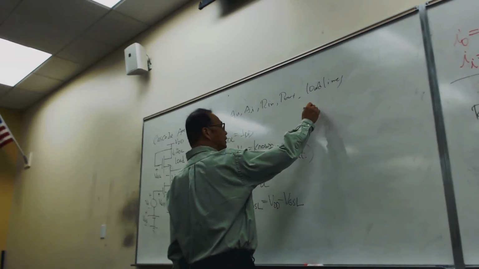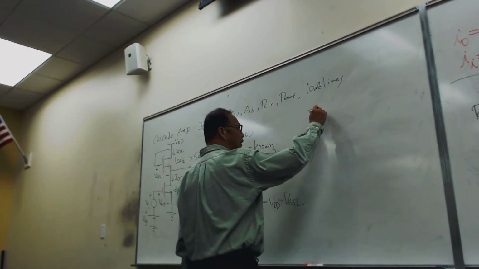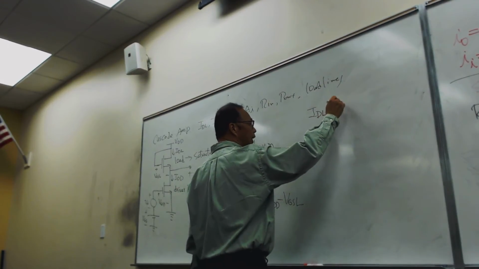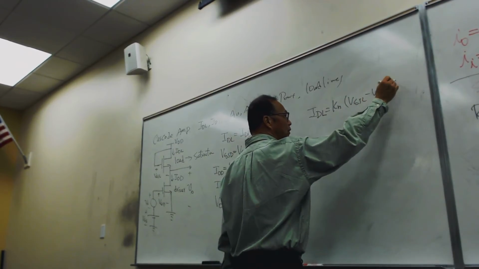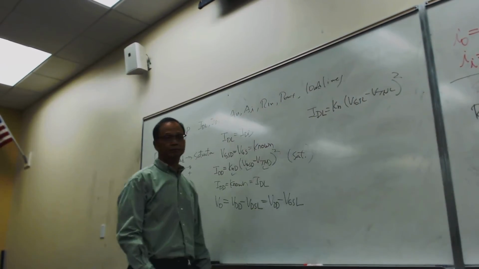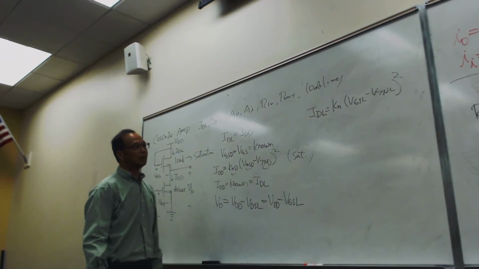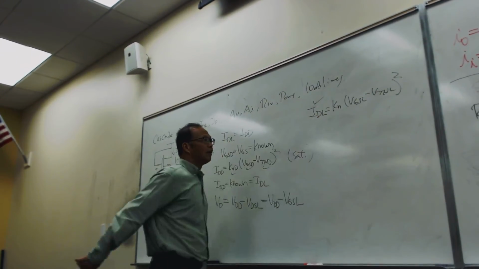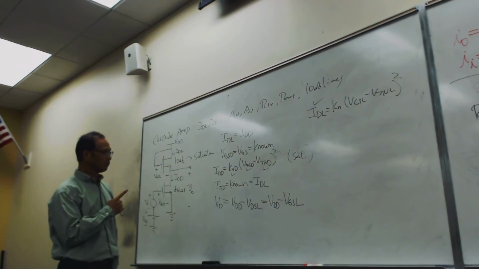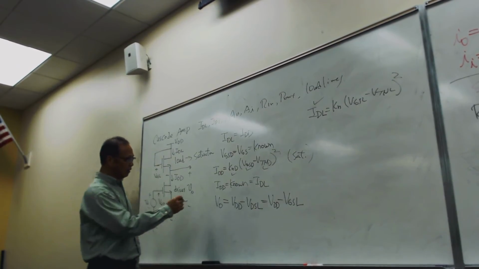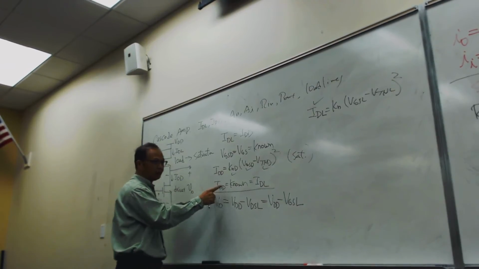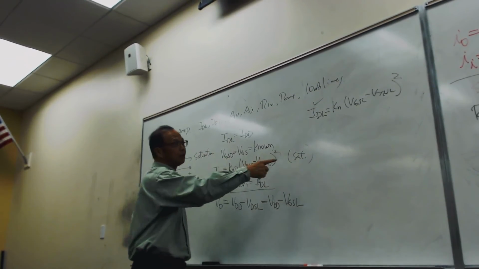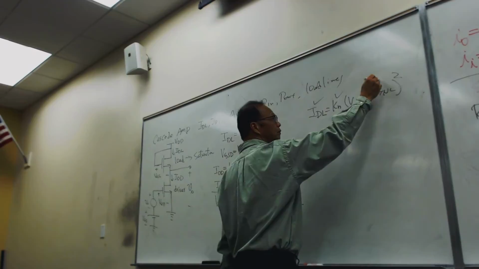Well, since I know what is ID low, which is Kn (VGS low minus VTN low) squared, right? It's known. Why is it known? Because IDD is known. IDD is the same as IDL, so it's known. So this is known, known, known.